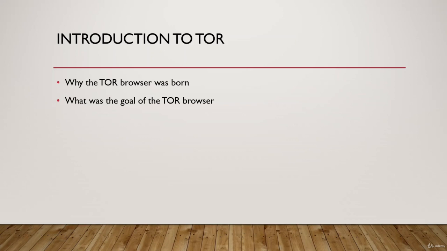And as mentioned, the main goal of the Tor browser is very simple. It's helping people stay anonymous, especially online. The Tor project began in 1990 and it was fully developed something around 2006, if I'm not mistaken.